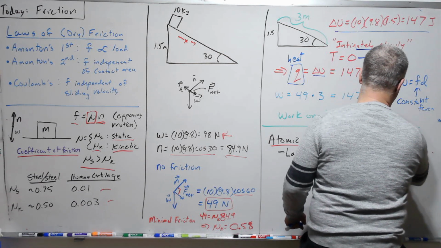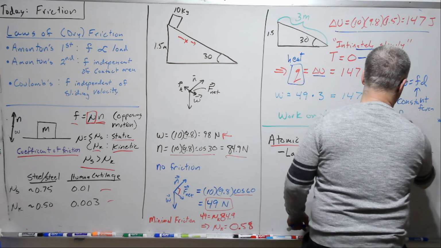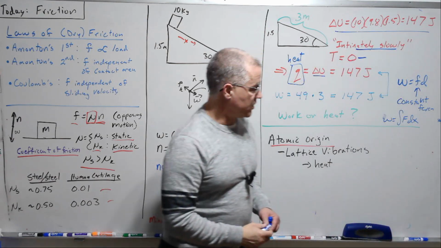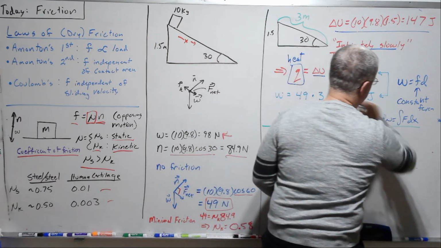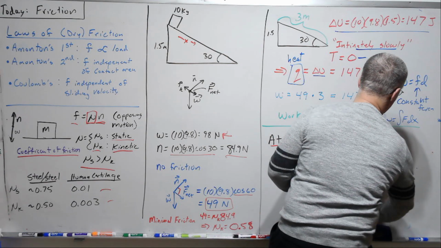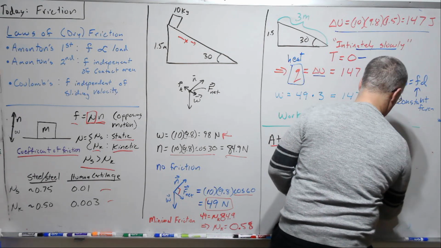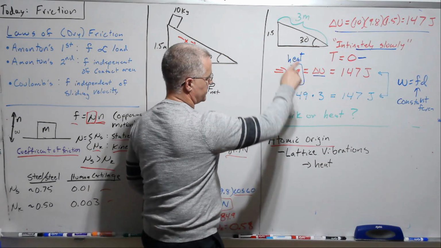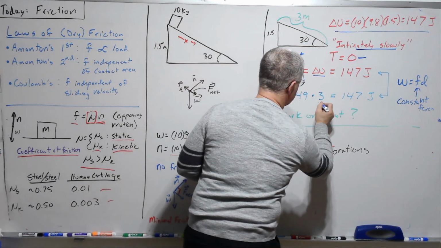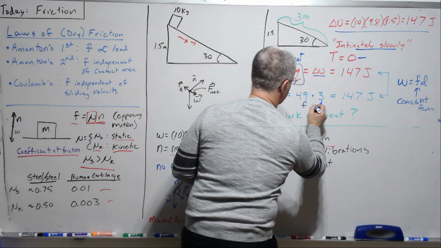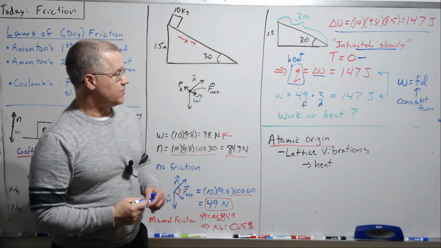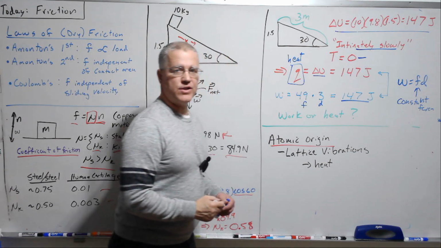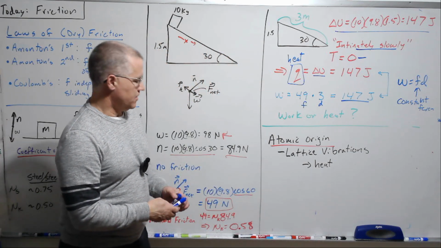It's really the integral of the force, but this is a constant force, so we don't need to worry about that. D here is our 3 meters. So there's our D, here's our force, and if we multiply that, indeed, we get 147 joules.